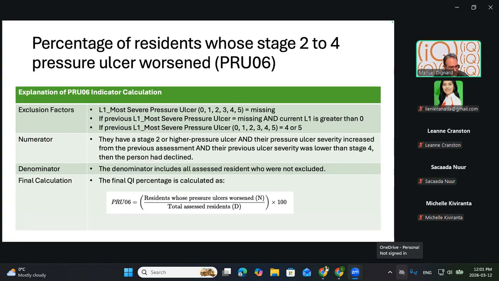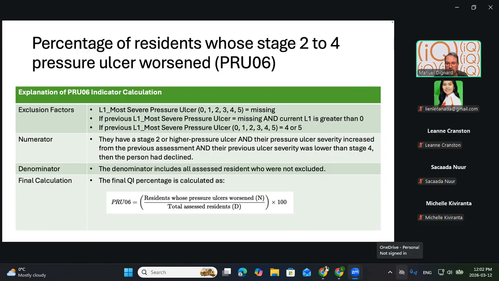Right, last quality indicator here, also not a mirror of the improved ones. So this one helps us track residents who have a stage 2 to 4 that has increased in severity.